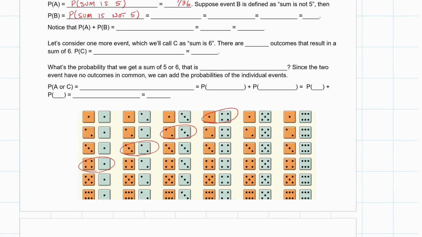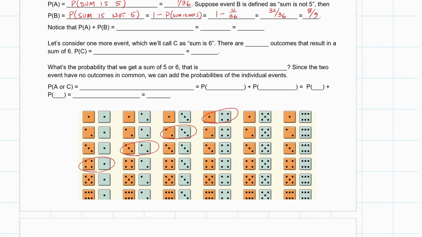Maybe we could think of that as 1, all the outcomes, minus the probability that the sum is 5, making this probability 1 minus 4/36, which leaves us 32/36. And if we're really keen, I suppose we could reduce that to 8/9.